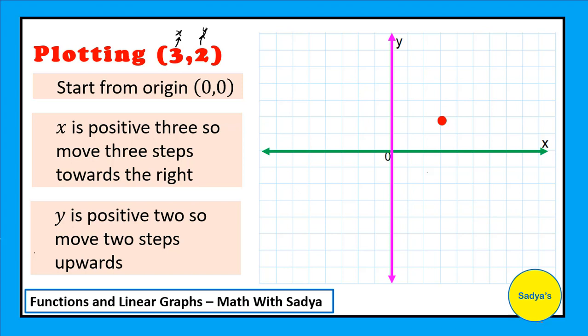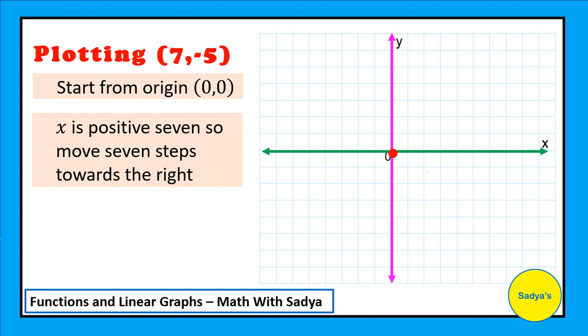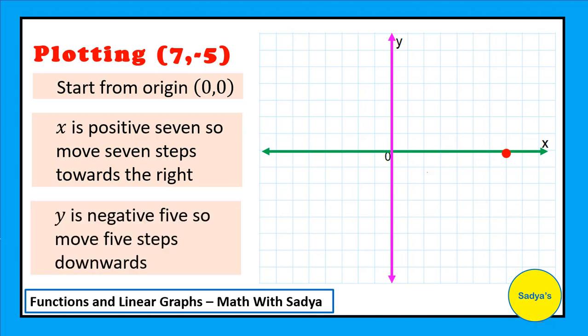Let's do some more examples. If the ordered pair is 7, negative 5, we start from origin. X is positive 7, so move 7 steps towards the right. Y is negative 5, so move 5 steps downwards.